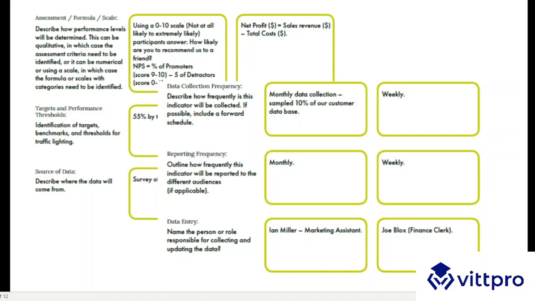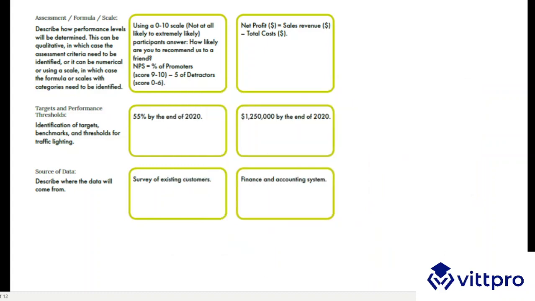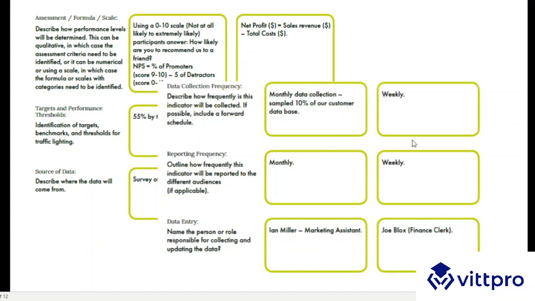So that's the idea. What this will give you is what kind of information you need. That is coming here: what kind of source of data you need, how often you are going to need it, and who is going to do the data entry. So this will give you a very good idea of the business intelligence system which you need to develop in order to get it up and running, aligned with your balanced scorecard and your vision and mission.